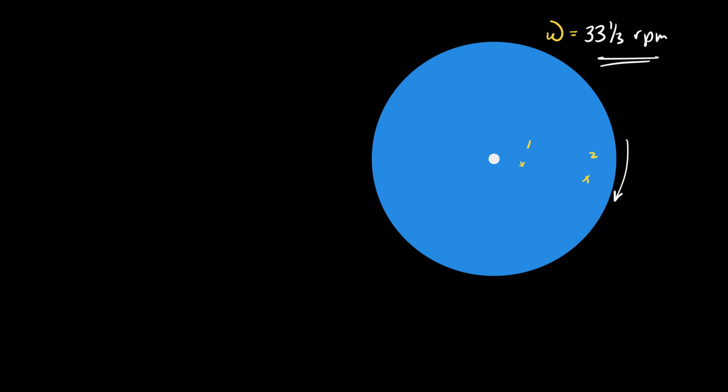So which point is going faster? So if we want to talk about the linear speed, point 2 is making a bigger circle every minute. Agreed? But point 1 is making a smaller circle. So the linear speed here for point 1 is different than the linear speed for point 2.